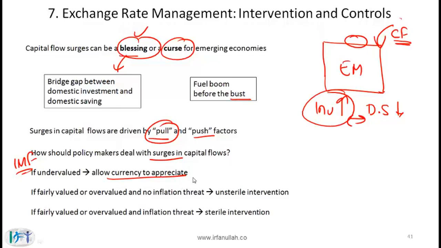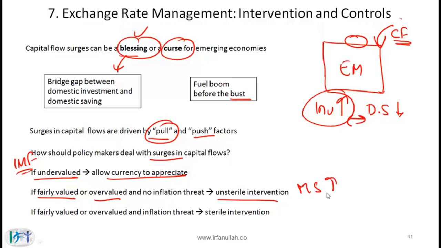However, obviously we need to be cautious about the currency appreciating too much. But at this level, let's just say that if undervalued, then according to the IMF, it is okay to allow your currency to appreciate. If your currency is fairly valued or overvalued and there is no inflation threat, then the IMF recommends unsterile intervention.